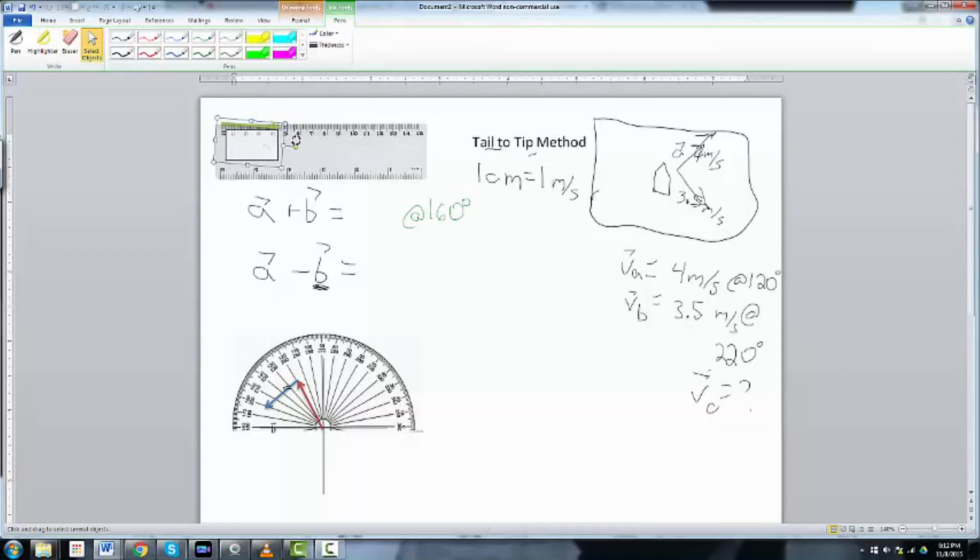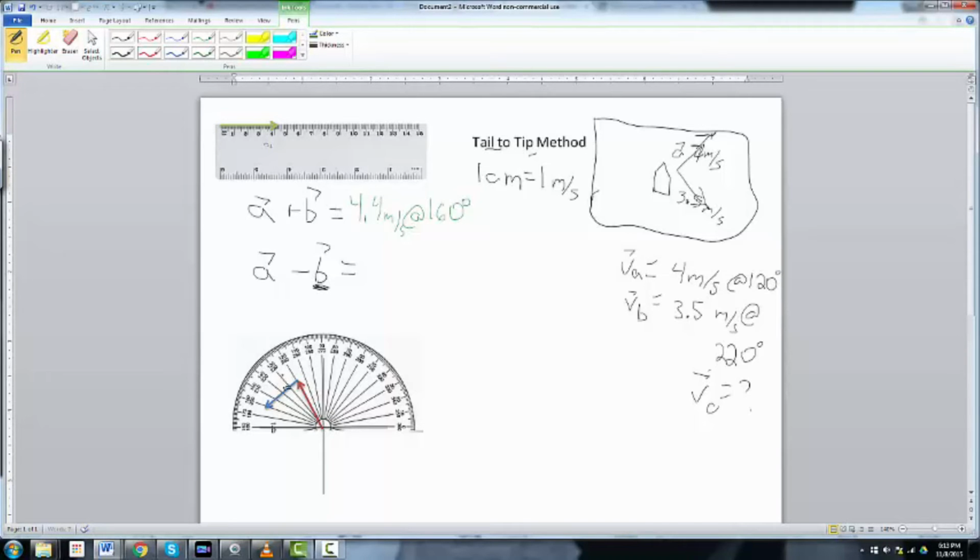Okay, and that length is about, if I look very carefully, let's call that 4.4 meters per second. And you say, well, how do you know it's 4.4 meters per second though, Shep? Well, look at my arrow. We just drew the length from here to here.